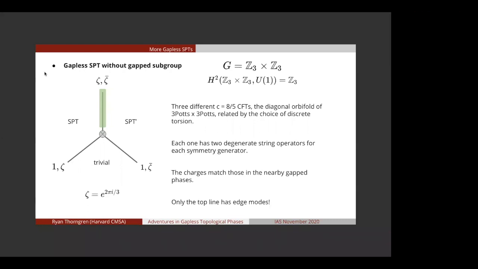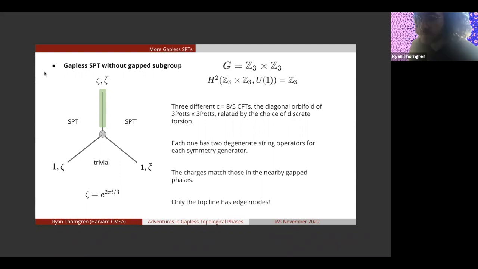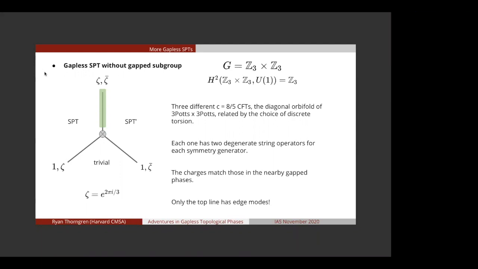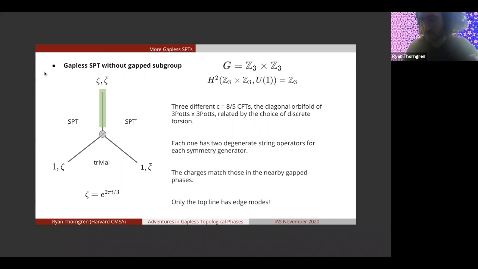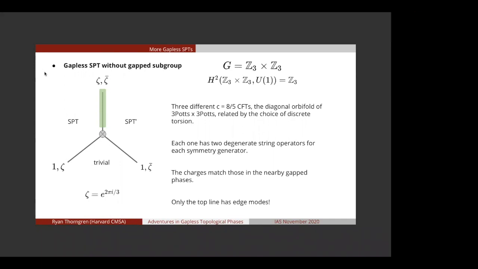If you didn't have the matter, you just had the gauge field of the Z3 times Z3, would you get the same effect in the gapped system? What do you mean by the same effect? Well, you gave an example of an orbifold with or without discrete torsion, or with different discrete torsion, and I guess the group of the orbifold was Z3 times Z3.